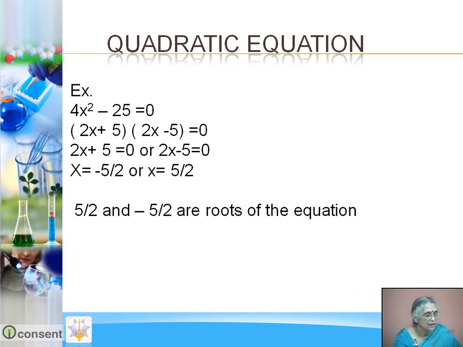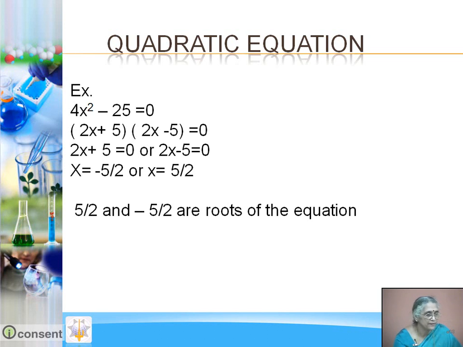Now one more type. 4x square minus 25 is equal to 0. Here you can easily find out the factors like a square minus b square. So the factors are twice x plus 5 into twice x minus 5.